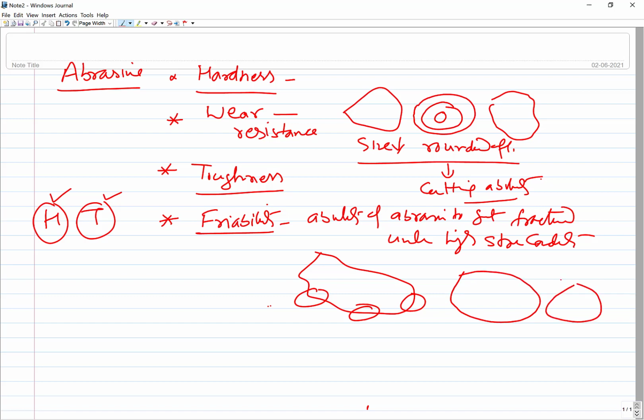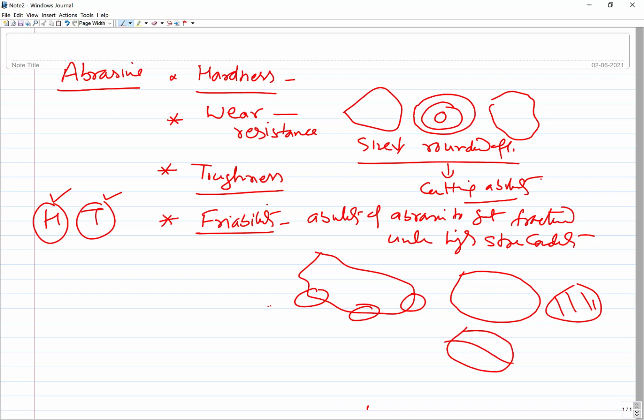When the size is reduced, material will not be cut, so you will be putting in more infeed, more depth of cut, so that the abrasive indents the workpiece and performs the grinding. But since it has lost its sharp edges and its size has been reduced, the load or the stress on the abrasive will be increasing. So in that case, the abrasives will get fractured.